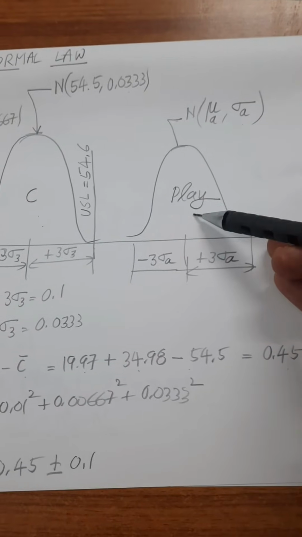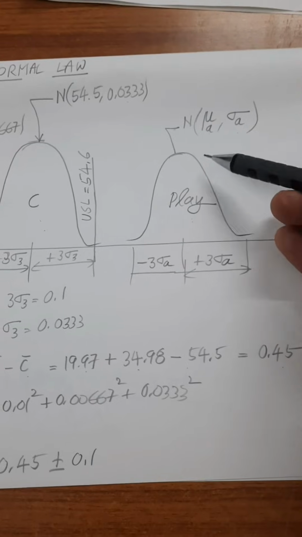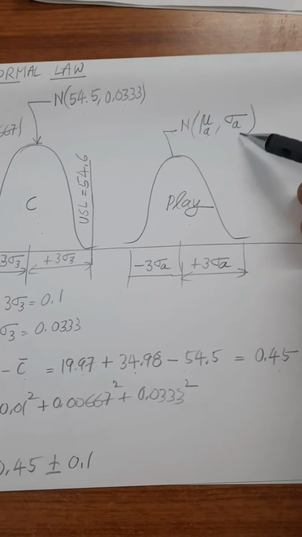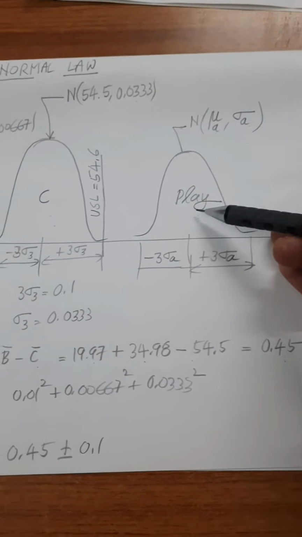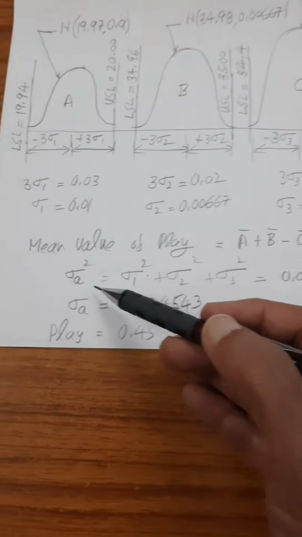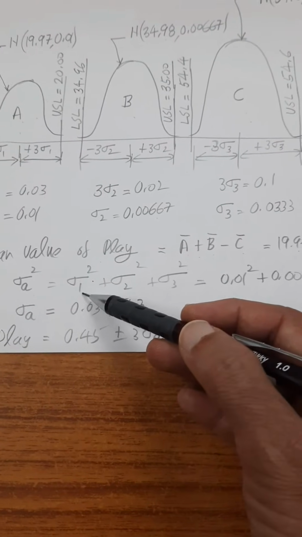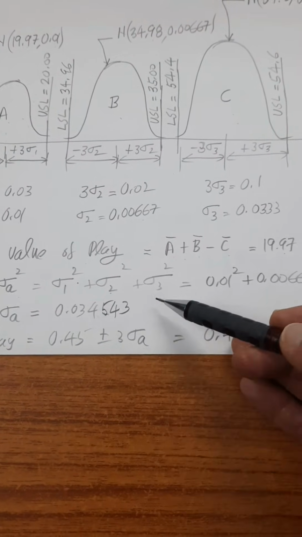So now this is the distribution of the play, the mean value mu A and standard deviation sigma A. So we have to find sigma A by applying the normal law. Sigma A squared is equal to the sum of sigma 1 squared, sigma 2 squared, sigma 3 squared.